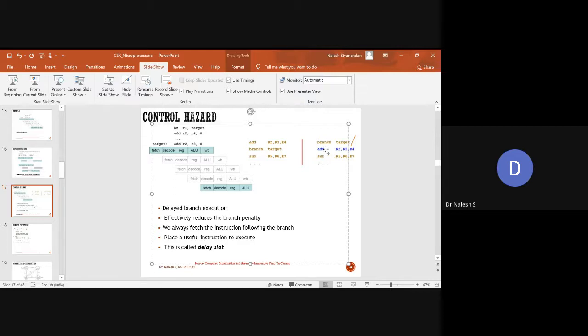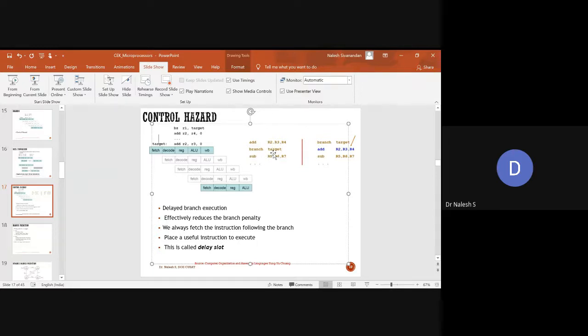What happened earlier? First we fetch add, then we fetch branch, then we wait till branch is complete before sub is fetched. But now instead, first you fetch branch, start executing branch, next cycle you start add, and you don't introduce sub.